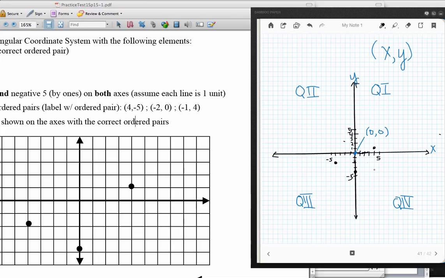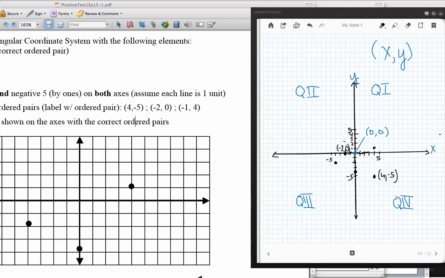So 4, and then I'll come down to negative 5 and I'll put a point there, and then we always label it with the ordered pair that goes along with it so you know what that point represents. And then x equals negative 2 and y equals 0. So that's negative 2, and I'm not going anywhere on the y, so that's right there on the x-axis. That's something called an x-intercept, so this is negative 2, comma, 0.